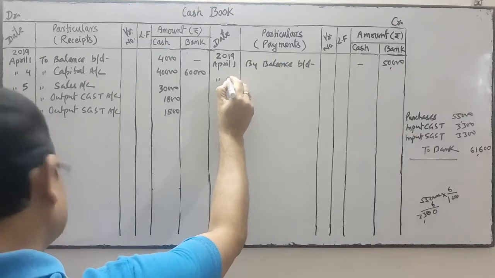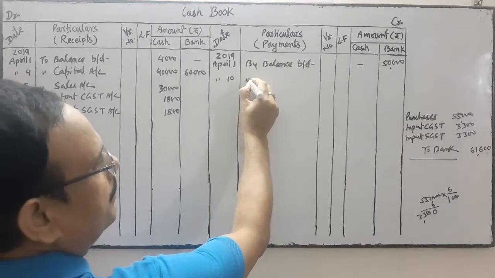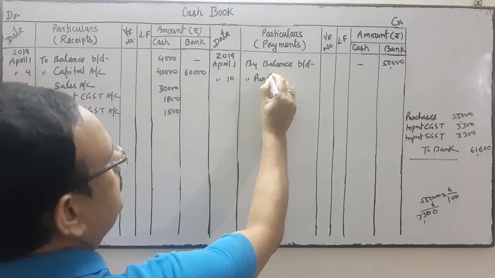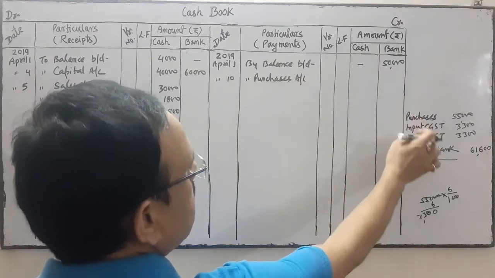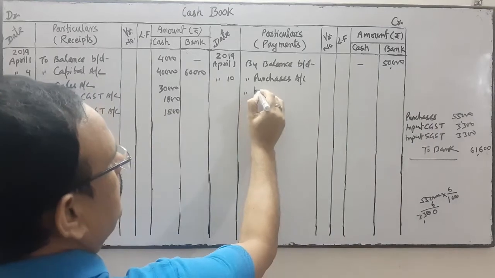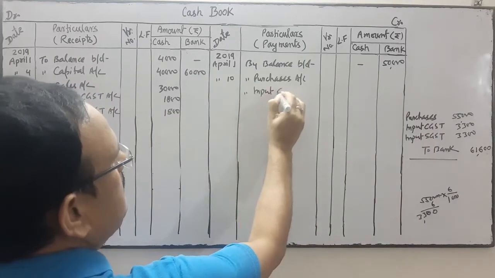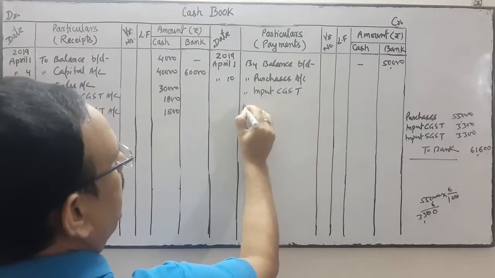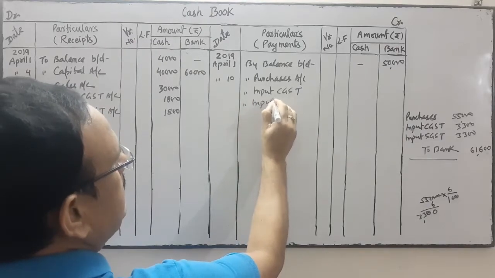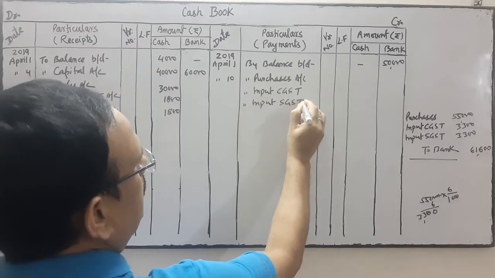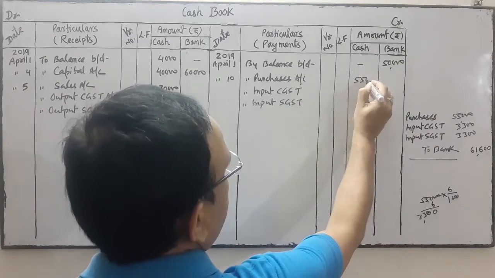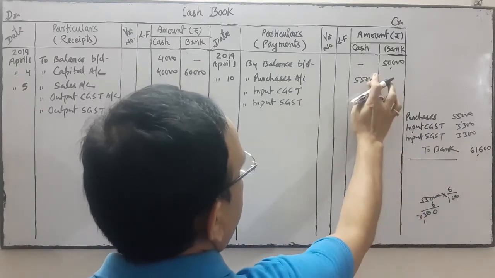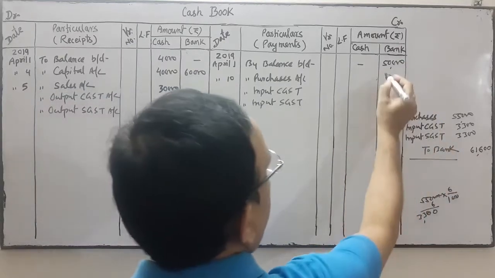So credit side posting will be done. Date is April 10, by purchase. The opposite side of the bank is these three accounts: by purchase, by input CGST, by input SGST. Purchase 55,000 we will write in the bank column.